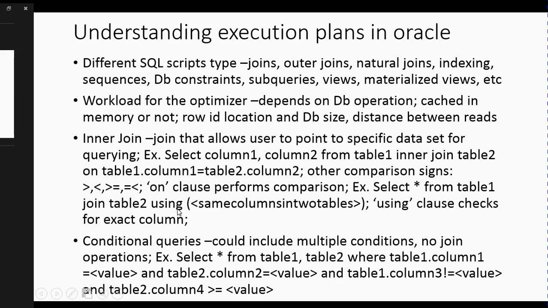The using clause is used to get the matching column row data, so I have the same column data inside the two tables. These are the two queries you can use to get the matching data.